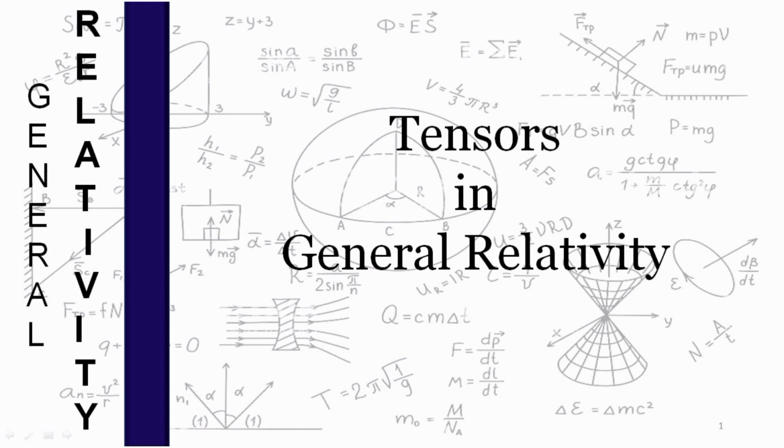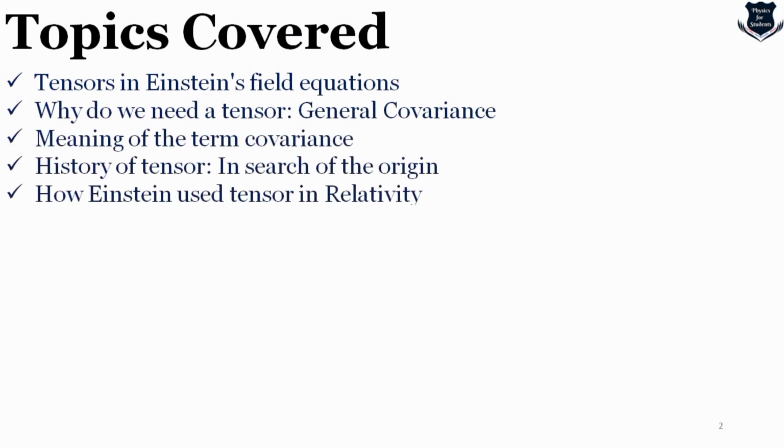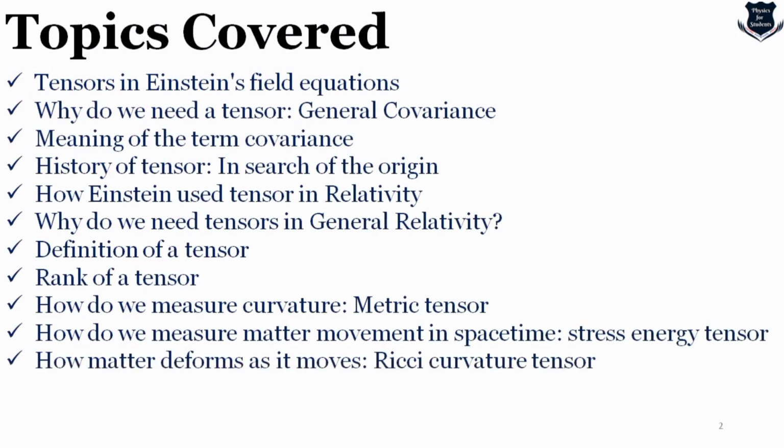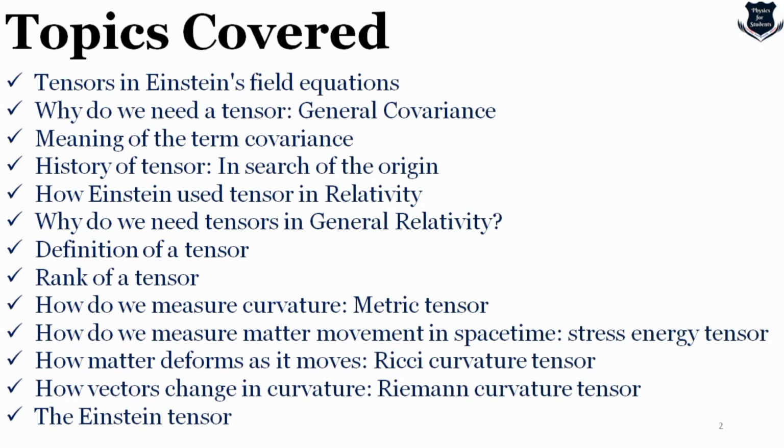Welcome to my channel. Before we go ahead in discovering the role of tensors in general relativity, first let us see what topics are covered. I am avoiding the technical names so that it generates a basic interest and you can understand what it is. So first we are going to learn what a tensor is and how it is used in Einstein's field equations.